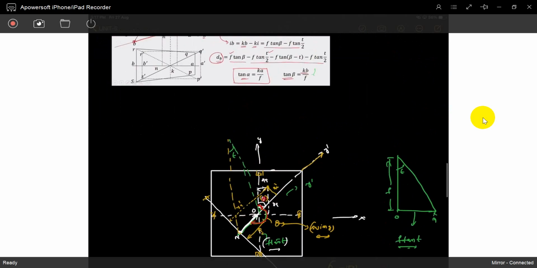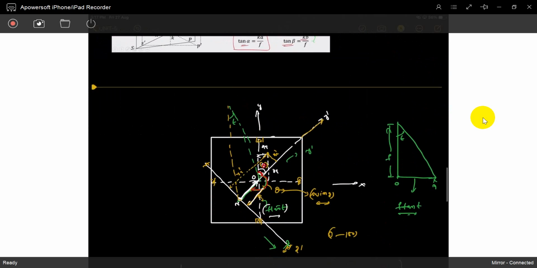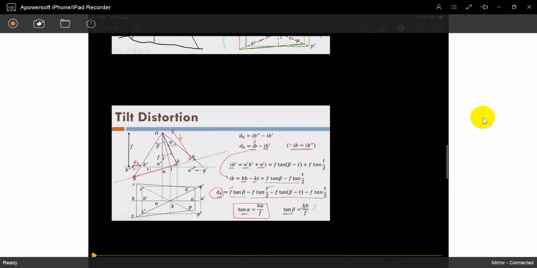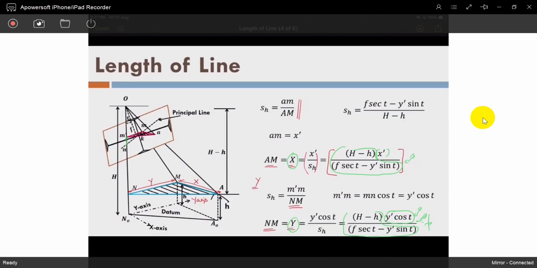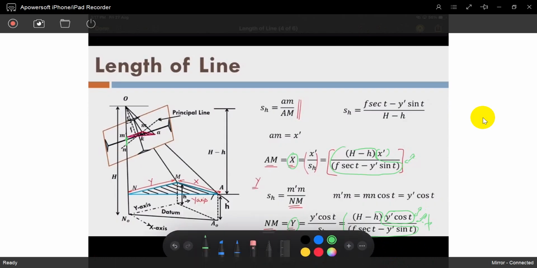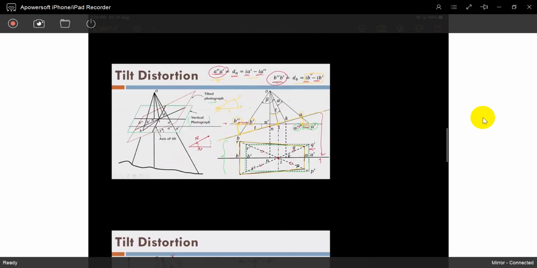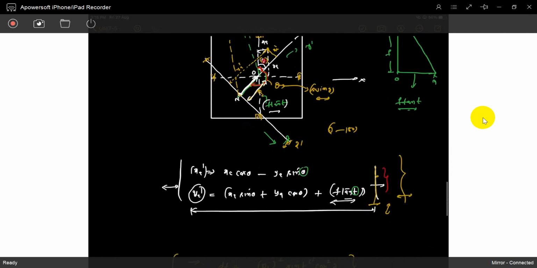In the photograph you can observe this mn will come. These are all taken care of by system software. No need, but just understand it.